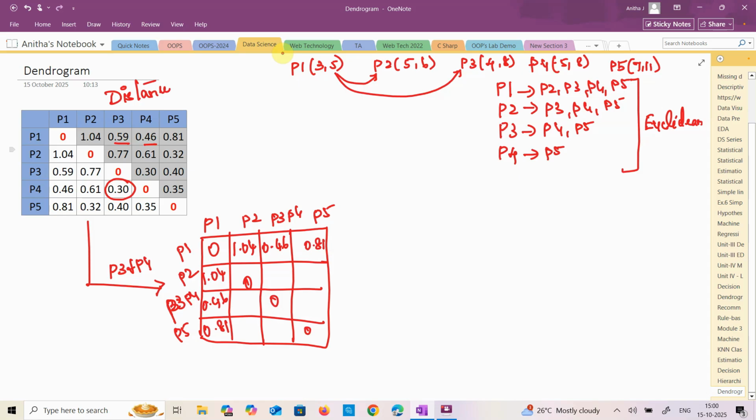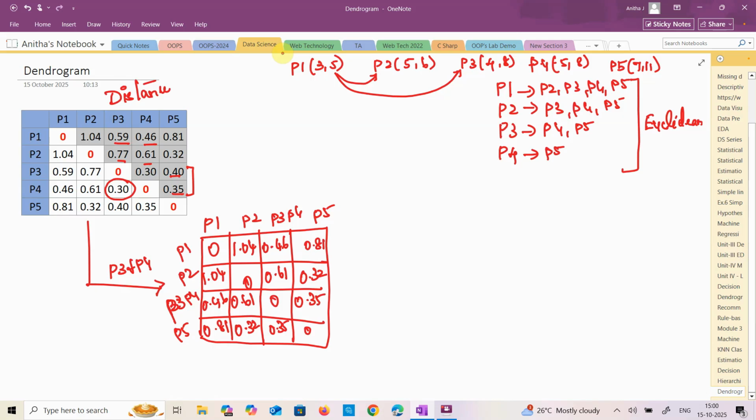P2 combined with P3 and P4, the minimum is 0.61, and P2 to P5 the distance is 0.32. So this also you write here. And next go with P3 and P4, these two merged together. We want to consider the value for P5, so take these two, find the minimum value, that is 0.35, and here also 0.35. So the first step, P3 and P4 get merged.